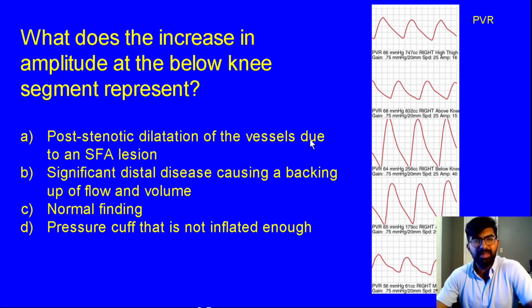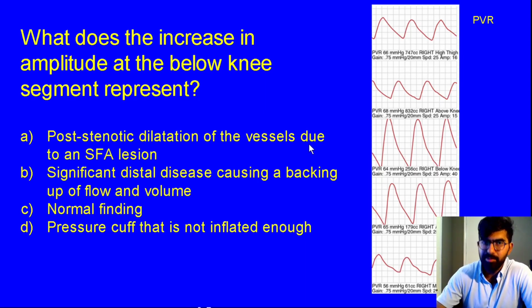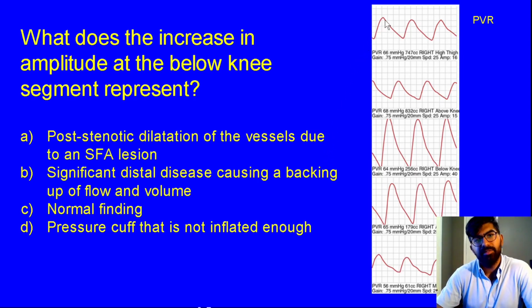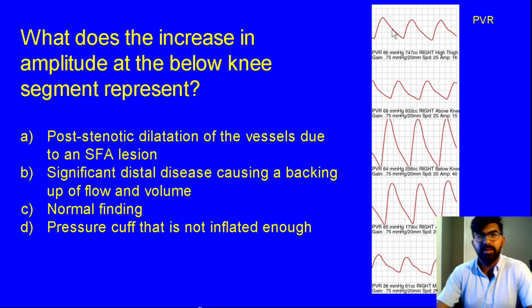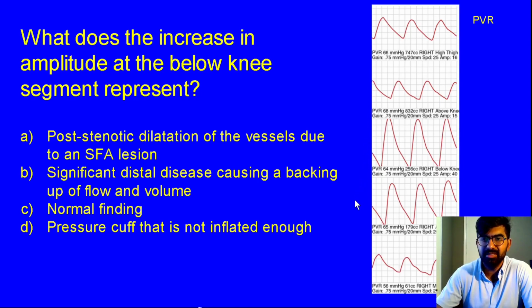So what does the increase in amplitude at the below knee segment represent? So you notice here in the common femoral, you have upstroke and you have the downstroke, and you can kind of see the dichrotic notch here, but this would represent a normal waveform. You notice that this changes as you go more distal into the leg. So what does that really represent?